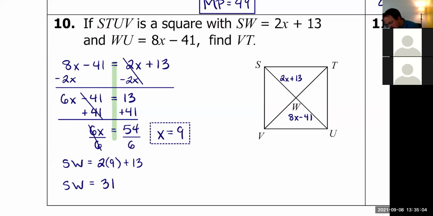Well, SW is just half of SU, but SU is the same as VT, so really, all I need to do to find VT is just double that 31. So I believe I get 62.